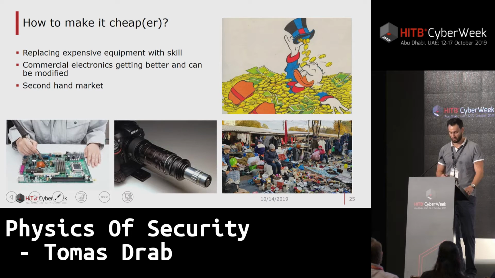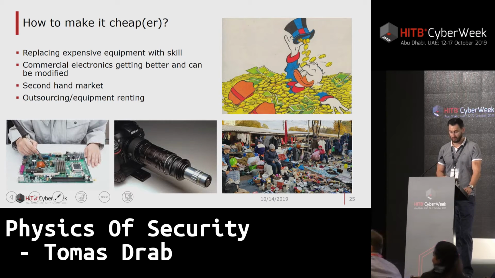Or there's a whole second-hand market of used tools, because technologies are getting better and the manufacturers are getting rid of the old tools. Or there are plenty of laboratories where you can hire them to make your chip adjustments, for example.